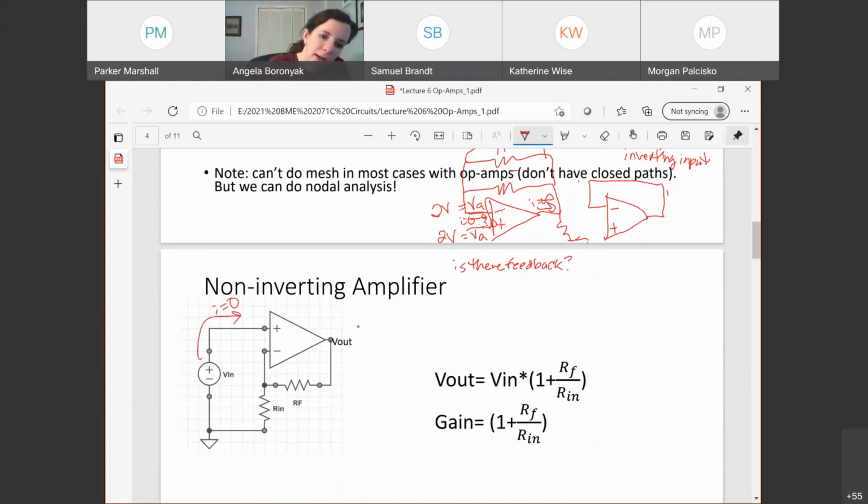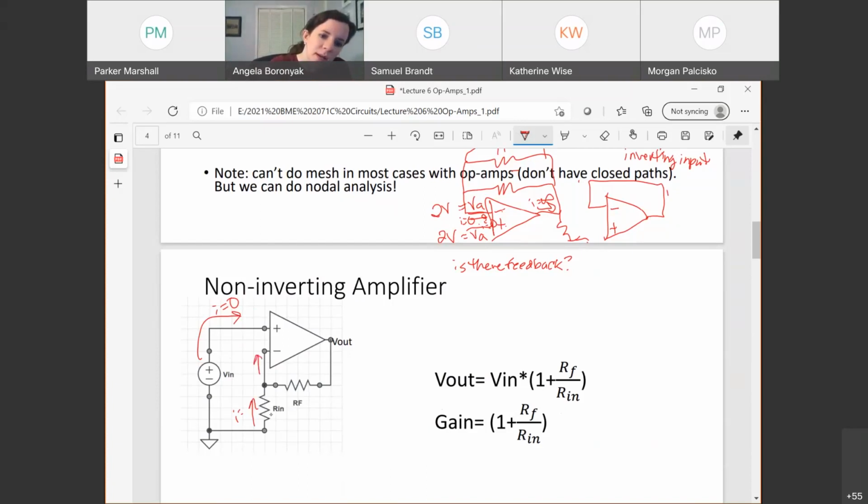What about right here, through Rn? Is this current 0? It'd be a yes or no. Ooh, good, Bennett. No. Why not?